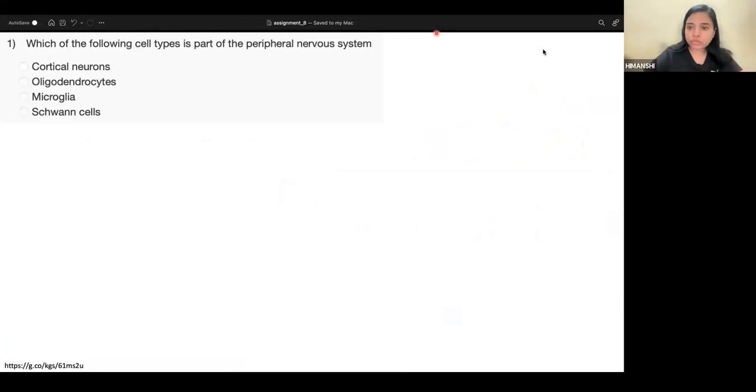Okay. So our first question for today is, which of the following cell types is part of the peripheral nervous system? Is it cortical neurons, oligodendrocytes, microglia, or Schwann cells?